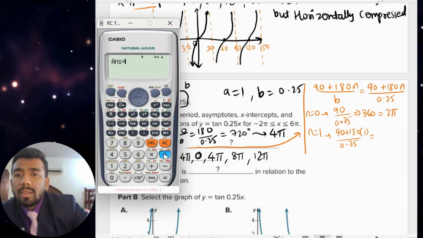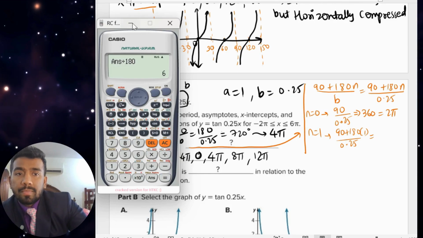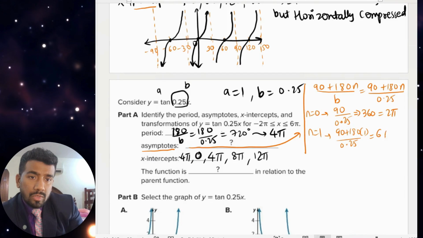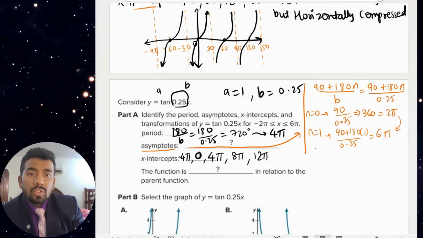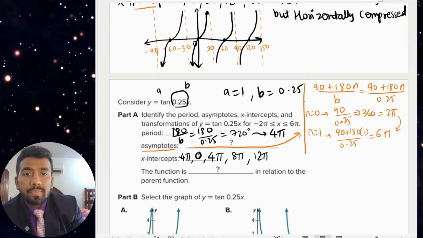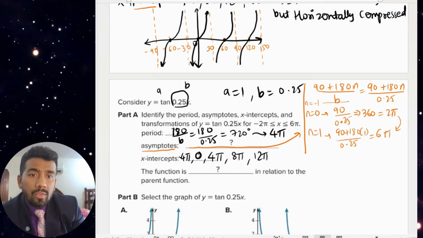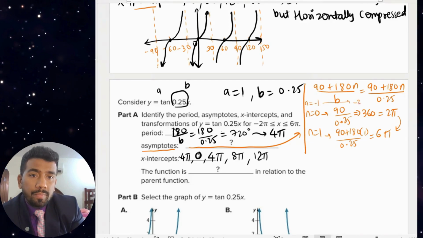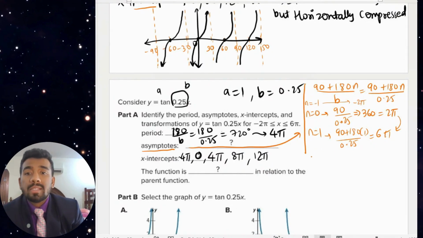So that's how much pi? Divided by 180, 6 pi. So you see at every 4 pi, it's increasing. So what will be before it? n equals minus 1, you get minus 2 pi, and so on. That's how the asymptote works.